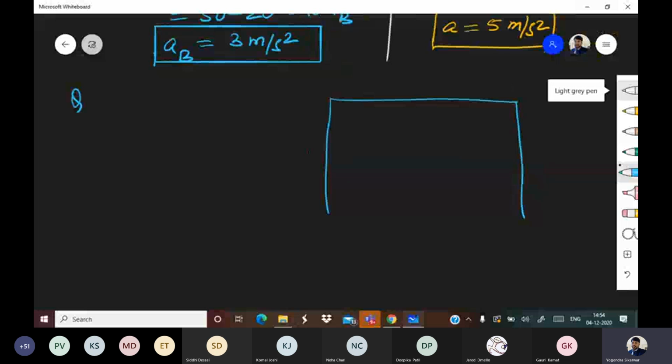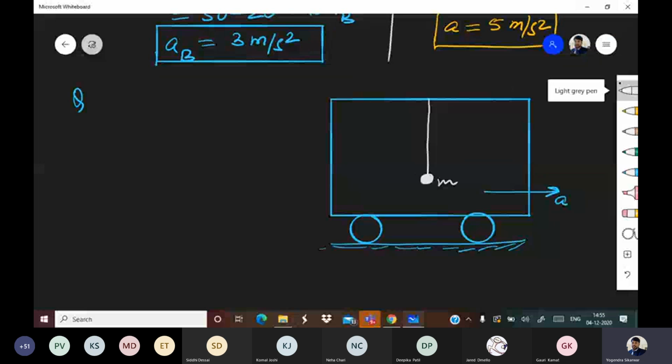And it is accelerating with an acceleration. Now there is an object tied to a string which was hanging. Okay, this is M. Now due to this acceleration, what will happen? The object will go slightly backward and it will be here.